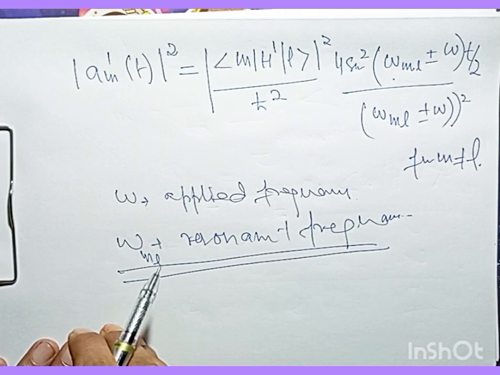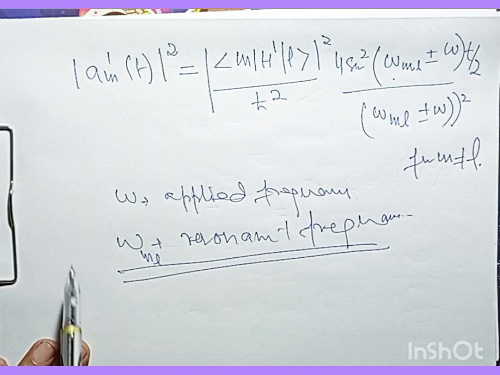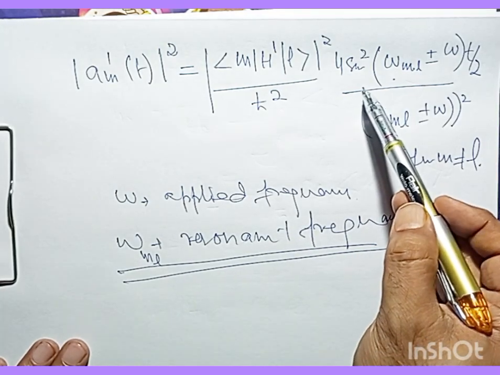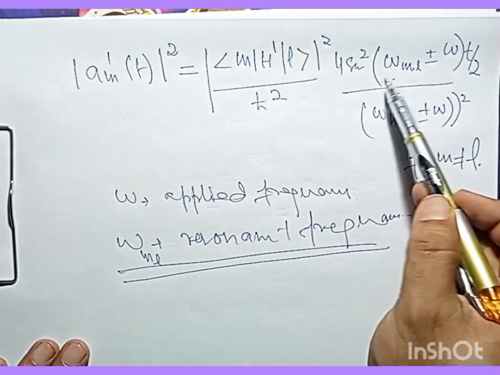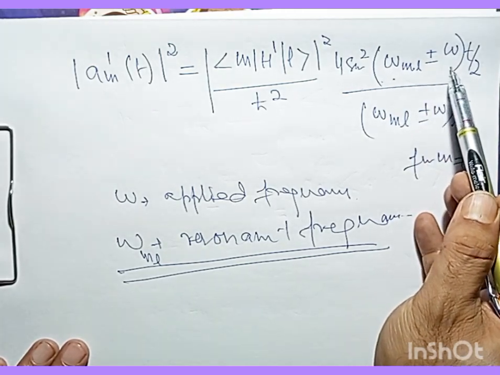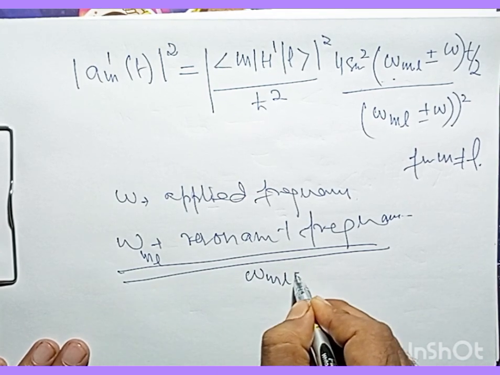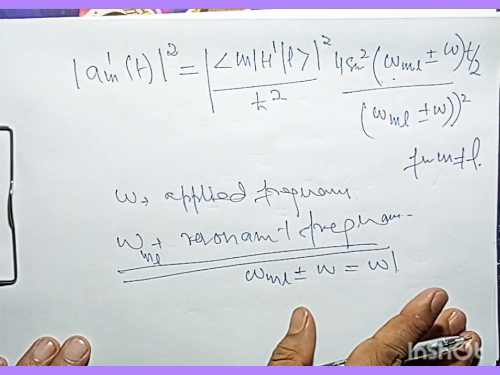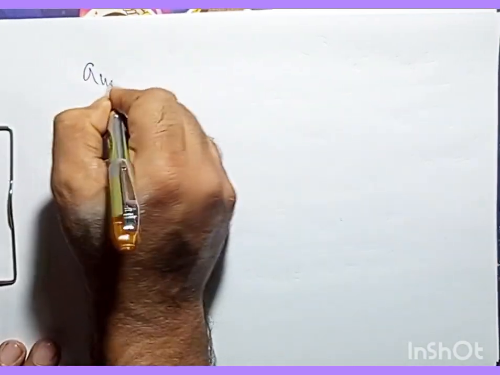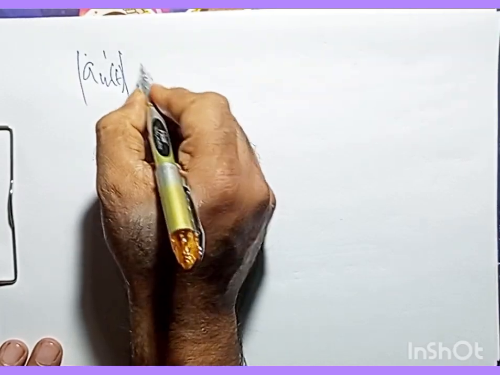for the transition. So this is the term that carries the process of transition. And here the explicit time dependence is contained in this oscillatory term, and this oscillatory term can be thought of in terms of this sinusoidal function. And we can boil this down: if we take this omega_ml plus minus omega equal to, say, omega dash, we can boil this equation down to |a_m1|, which is certainly a function of time, whole square.